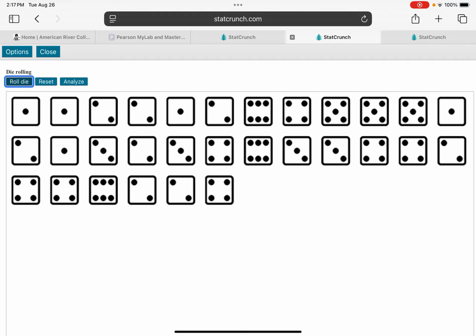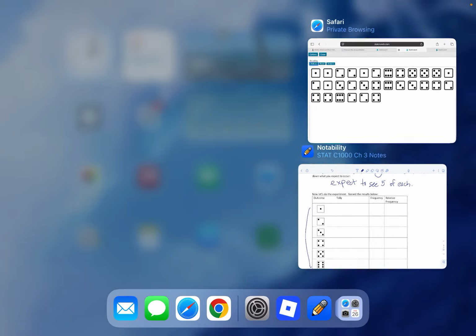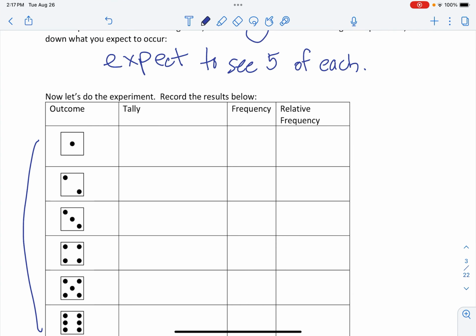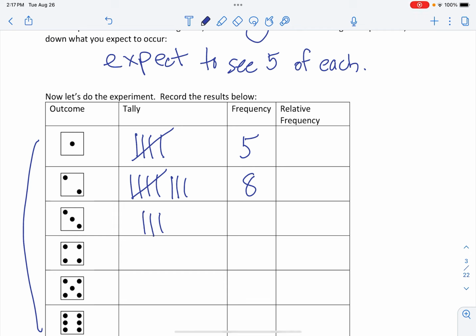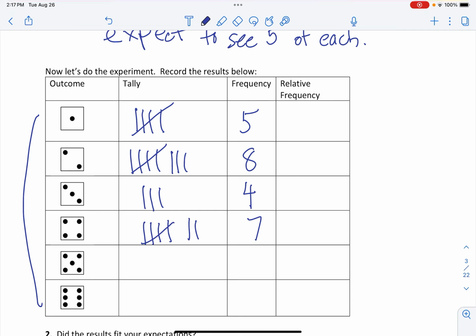So if I go back to my screen, here's what I ended up with. I had a tally of 5 ones, so the frequency on that one was 5. 2s came up quite a bit on my experiment. 3s, I had 4 of them. 4s, I had 7. 5s, I only had 3, and 6s, I only had 3.